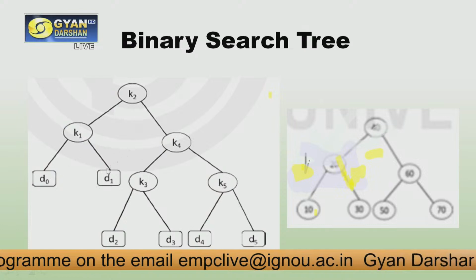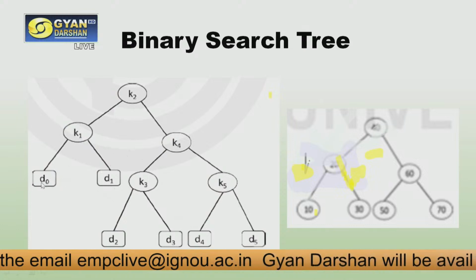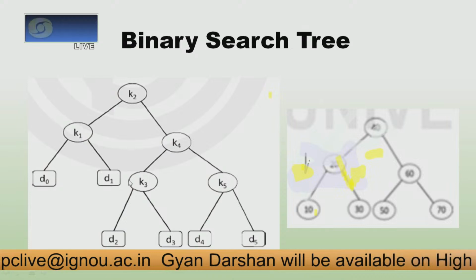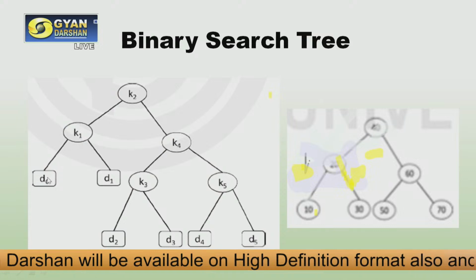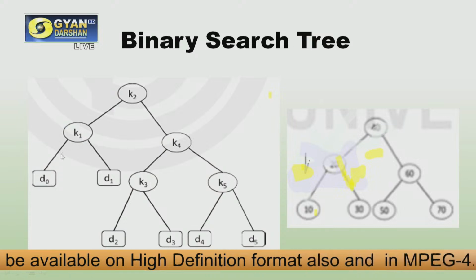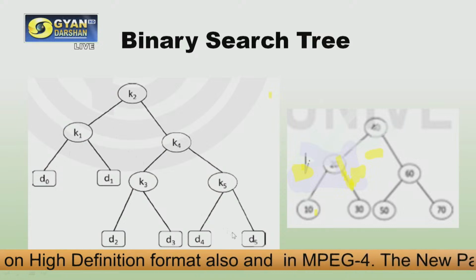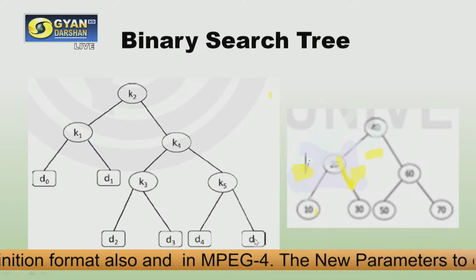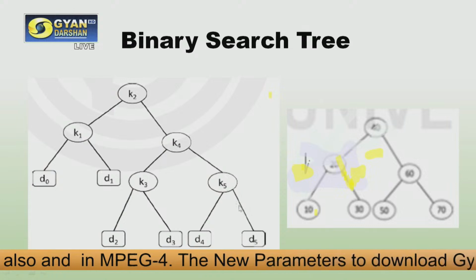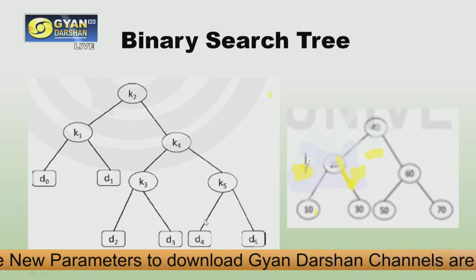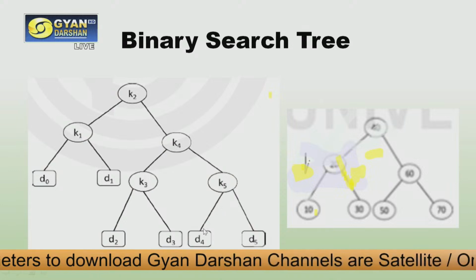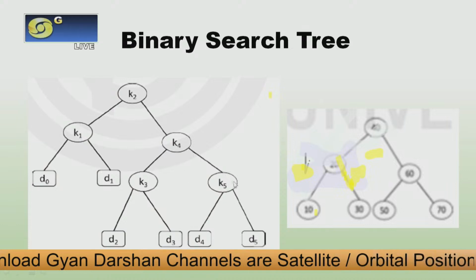In this, we have 6 dummy keys, right? We have 5 keys, K1, K2, K3, K4, K5, whereas the dummies are D0, which is less than K1, then Dn, which is D5, is more than K5, and D4 is less than K5 but more than K4.